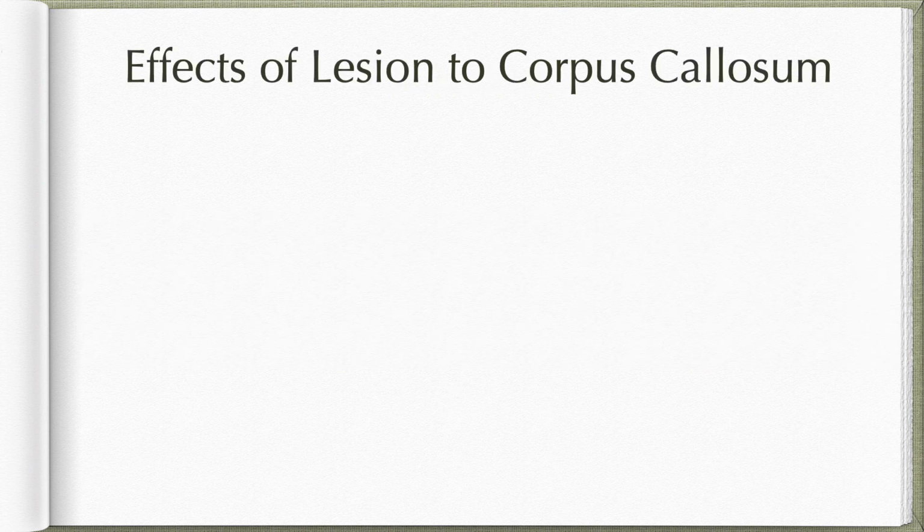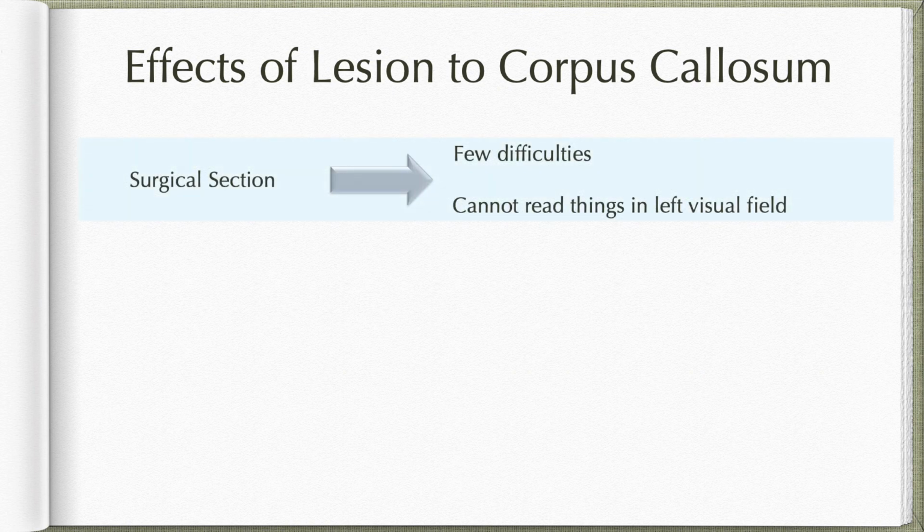Now, what are the effects of lesion to the corpus callosum? Surgical section of corpus callosum actually leaves very few difficulties, but one feature which can be seen is the patient probably will not be able to read things in the left visual field, because the left visual field will be sending the information to the right cerebral cortex.